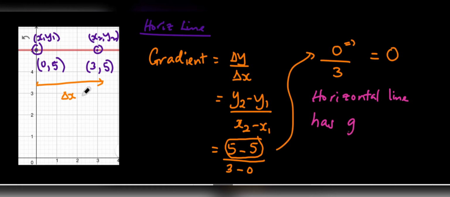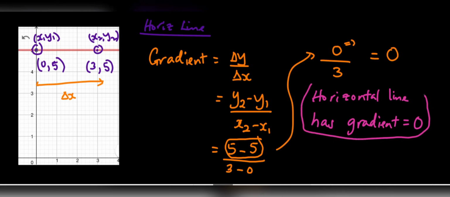So I'm going to put gradient, which is 0. Whenever you see a horizontal line, why is that so? Because there is no change in our y value. The object is not moving upwards at any point in time. It's only going along a horizontal plane. So there's no vertical change or rise, as we say.